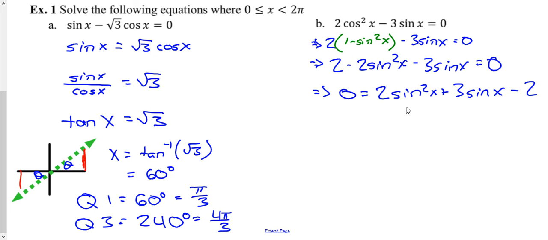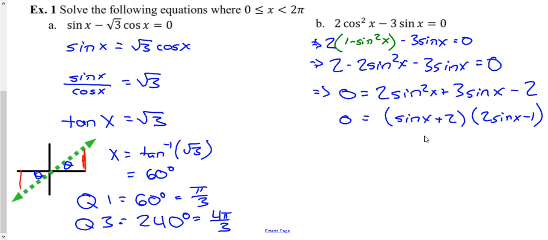When I factor this by decomposition, I end up with something that looks like this. I have 0 equals sine x plus 2 and a 2 sine x minus 1. So those would have been my two factors if I had fully factored this equation.